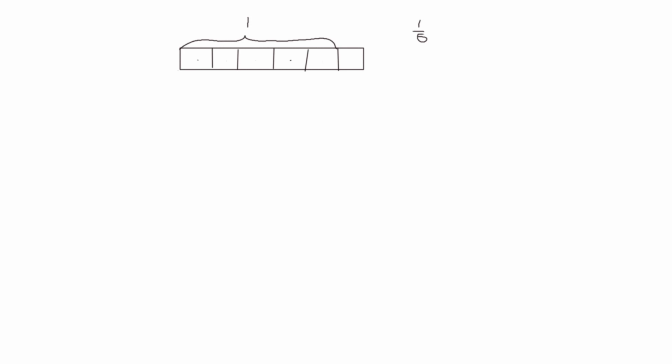And I'm going to group my fifths like this, and shade in all the pieces. So what I have here, I've divided the whole into 5 pieces, so I'm talking about fifths. So I have 6/5, which according to my tape diagram is 2/5 plus 2/5 plus 2/5.